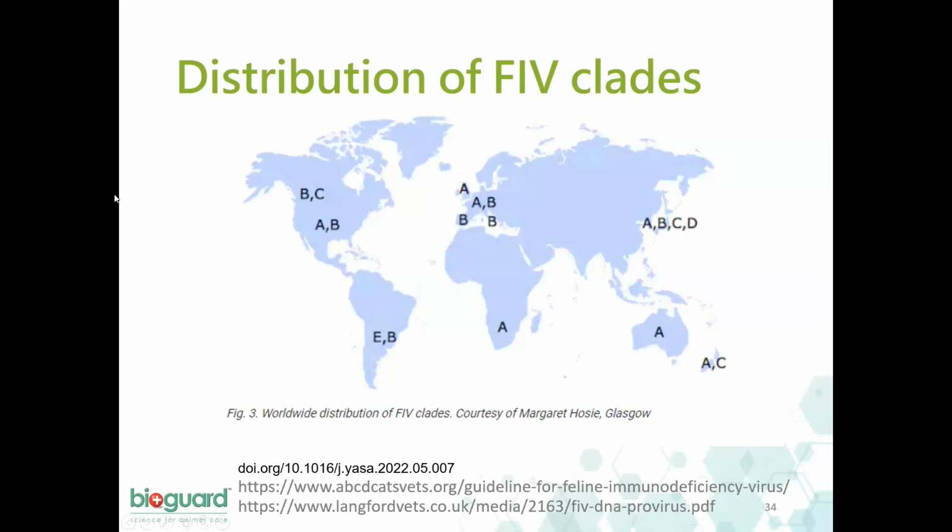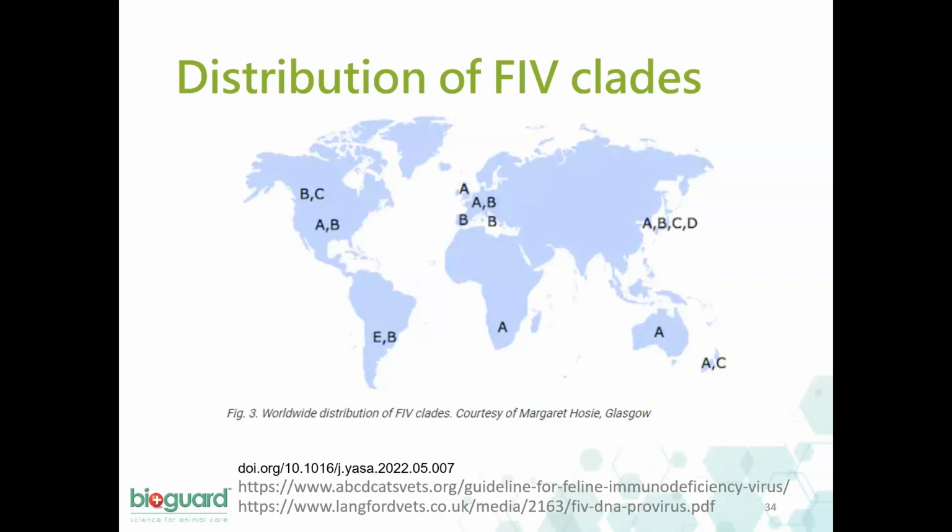In Europe, clades A and B are present. Clades A, B, and C are present in the USA and Canada. Clade A is present in Australia and Africa. In South America, clades B and E are present. In Asia, clades A, B, C, and E are present.